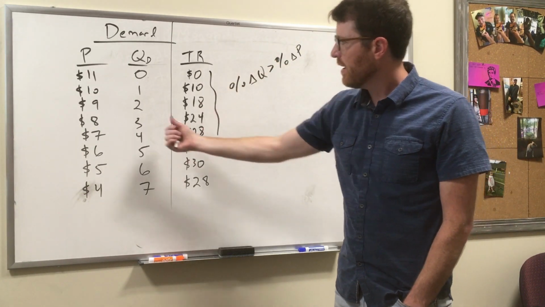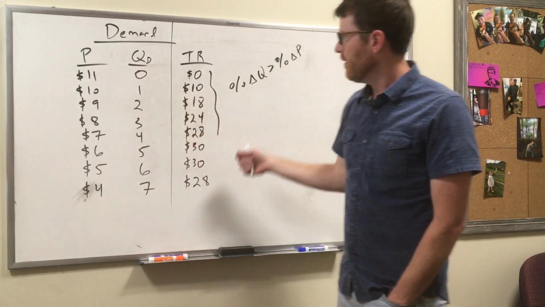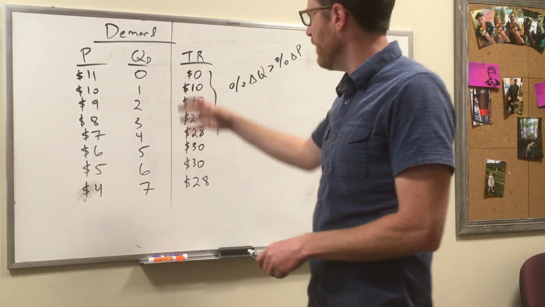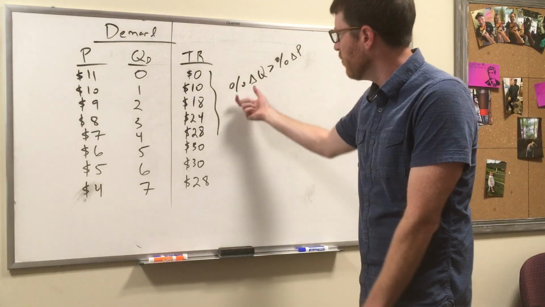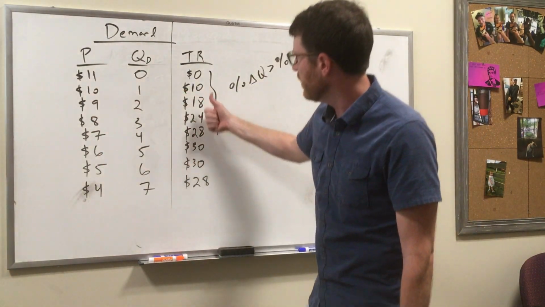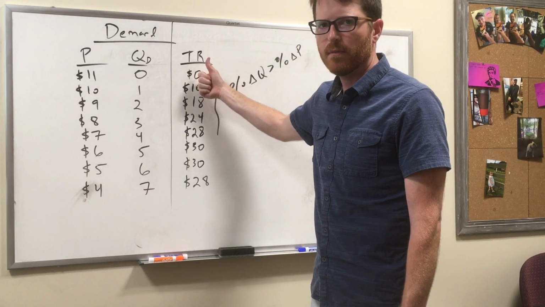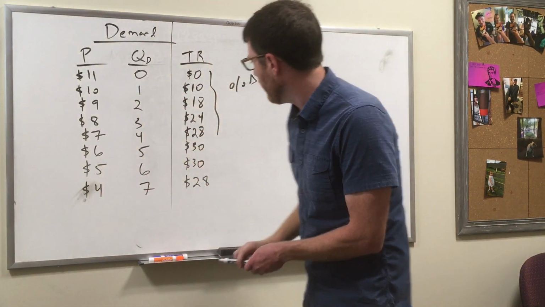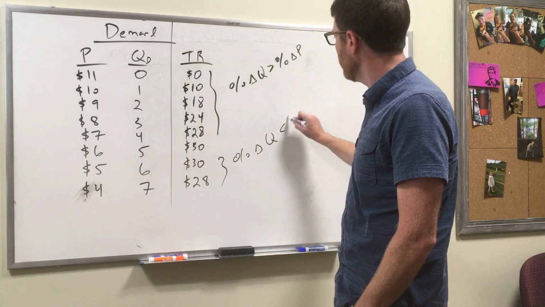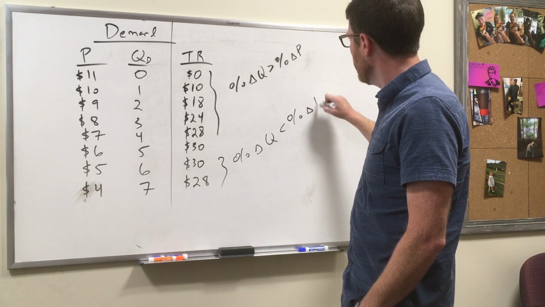So as they raise the price, they're going to lose quantity. And the extent to which they're losing quantity is so great that raising the price, moving this direction, would actually reduce their revenues. Okay? But when prices are very low down in here, the percent change in quantity is less than the percent change in price.